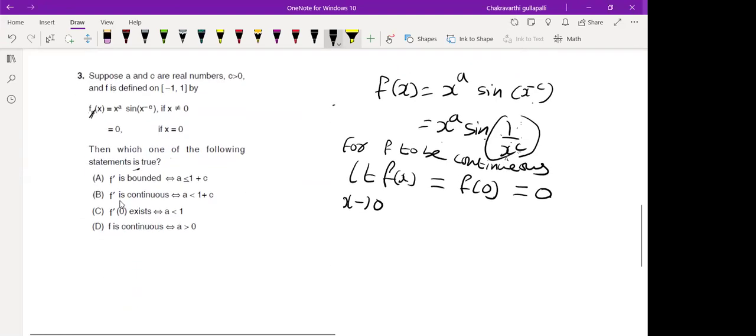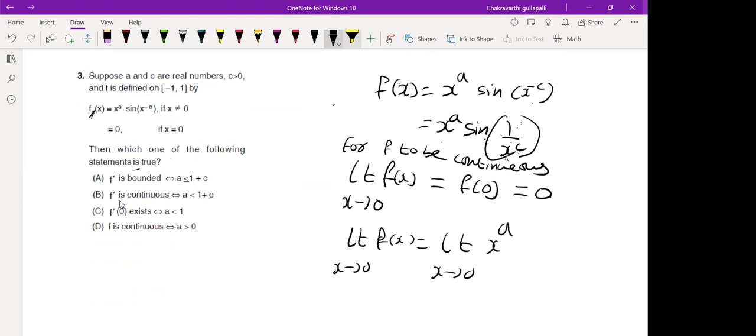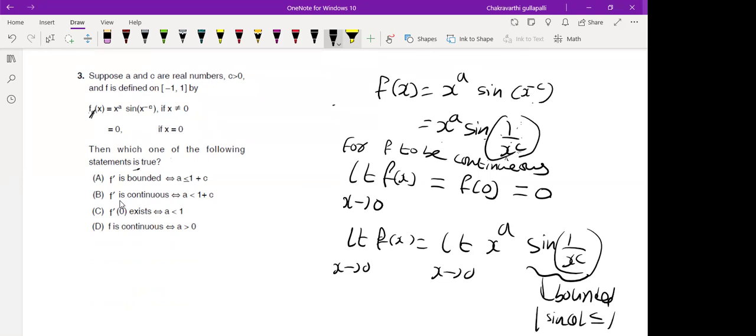So for what values of A will this be 0? The limit x approaching 0 f of x will be the limit x approaching 0 of x power A sin 1 by x power C. We have seen whatever may be the C value, this is always a bounded function. Modulus of sin theta is less than or equal to 1, whatever theta may be, negative, positive, constant, anything.